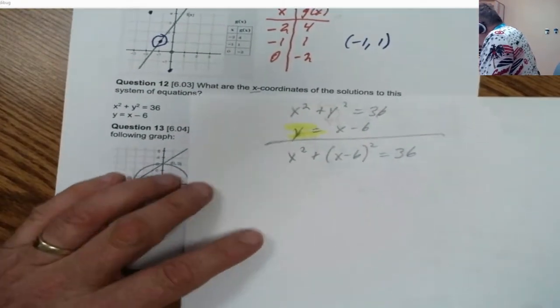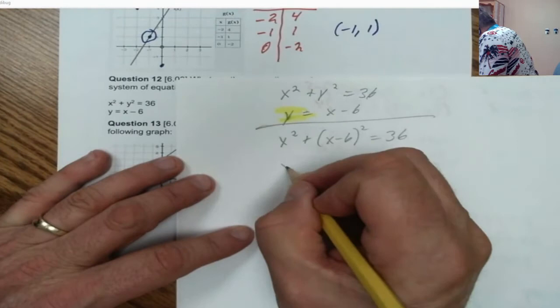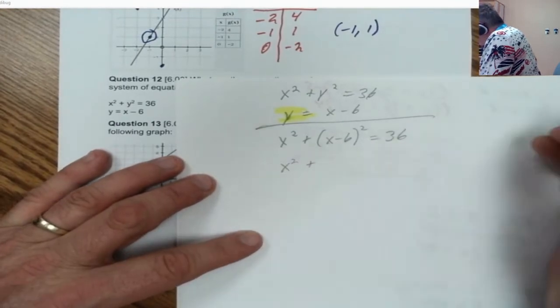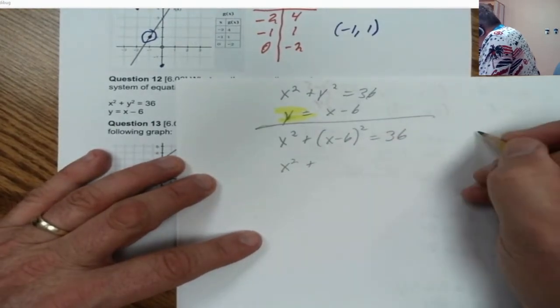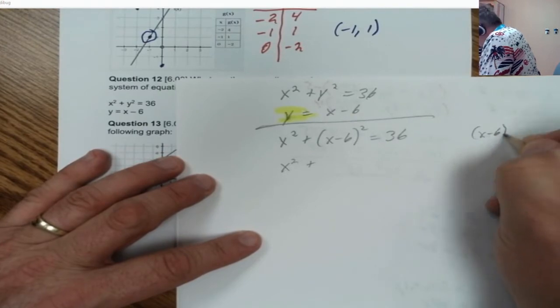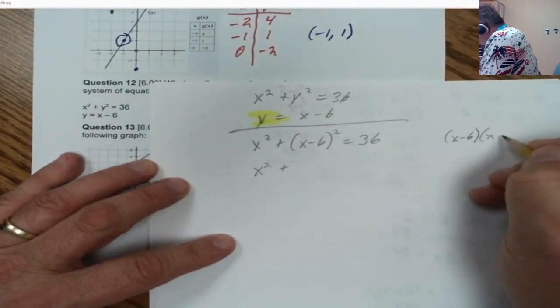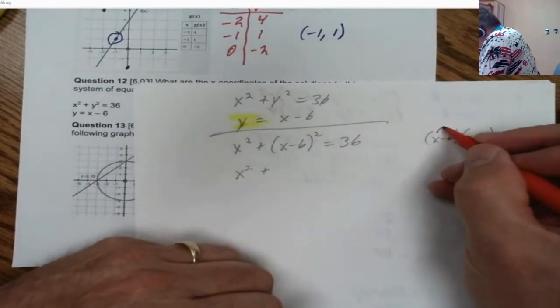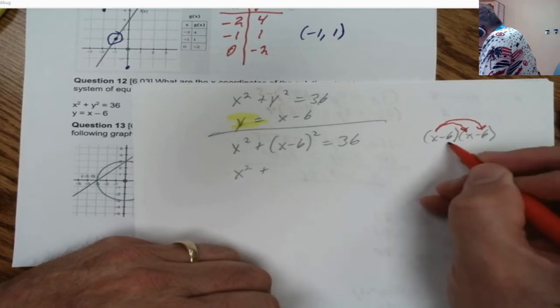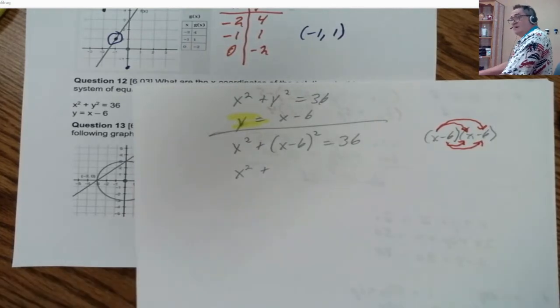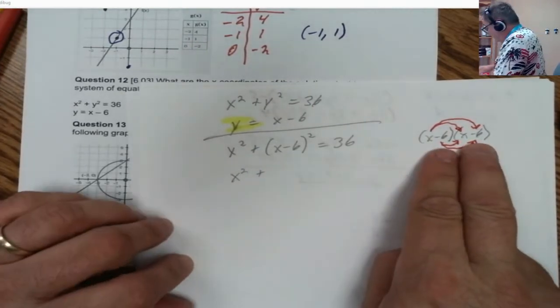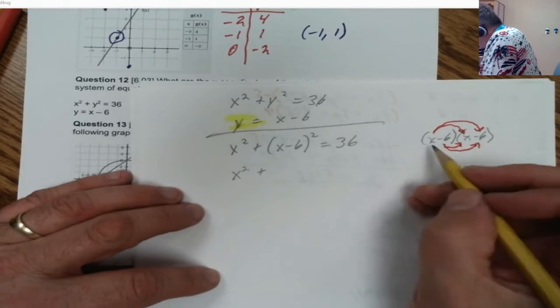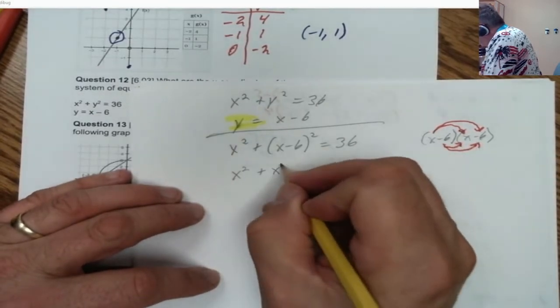So now let's solve this for x. X squared plus, what's x minus 6 times x minus 6? Remember, when we multiply, we have to distribute to everything inside the parentheses, and then this -6 also has to distribute. Since we have two things being multiplied by the other parentheses, we have to distribute everything. So x times x is x squared.